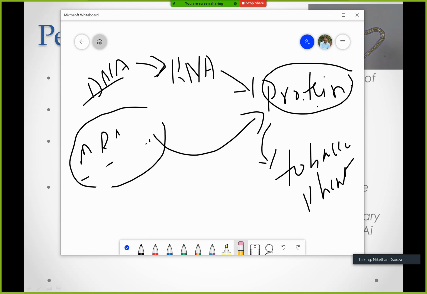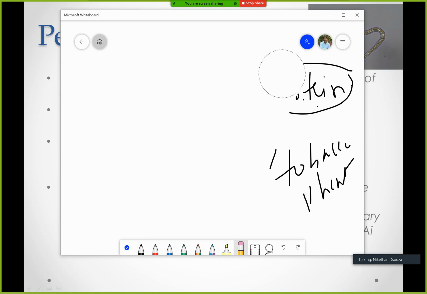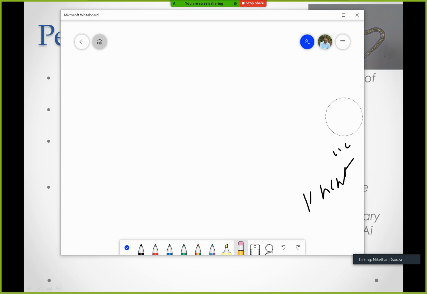To overcome this, they use a technique called RNA interference. What is RNA interference? We can't simply say short double-stranded DNA. There are many RNAs in our cell which have the capacity to block the mRNA and stop the synthesis of proteins.